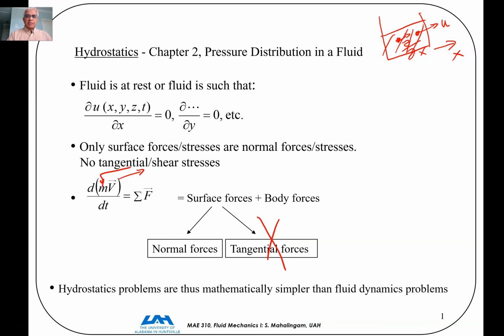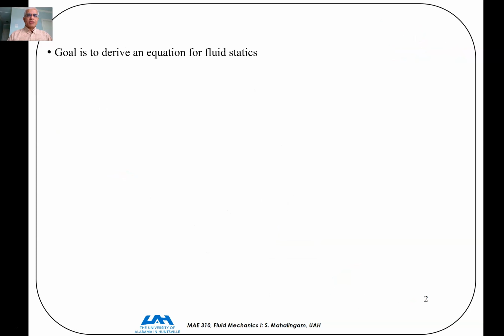So hydrostatic problems are thus fundamentally simpler than fluid dynamics problems. And the reason being, tangential forces are eliminated, and tangential forces only come in if these velocity gradients exist. And since those velocity gradients are not permitted, there's no tangential force in the problem of hydrostatics, right? So that's sort of the background, if you will.